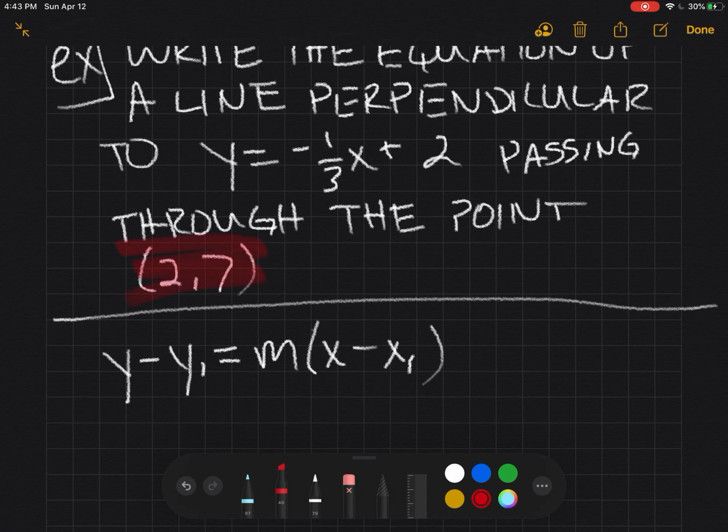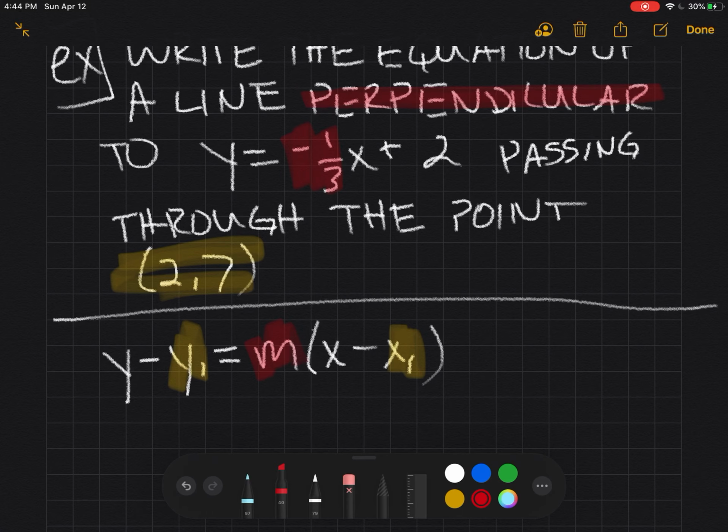So right away, we want to be thinking of this equation of a line, which is called the point-slope equation. And the reason we're thinking about that is we already have this point. Well, let's not use red. We've been using that for slope. We already have this point (2, 7), so I know what to put in for y1 and x1. But the trick comes about m. What do we put in for m?